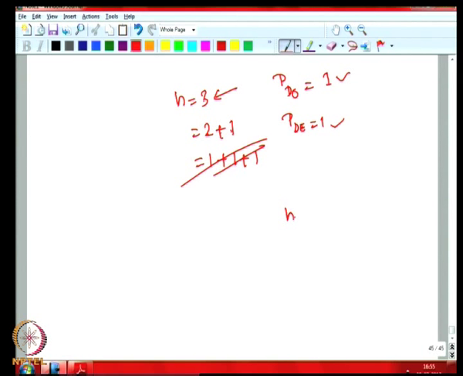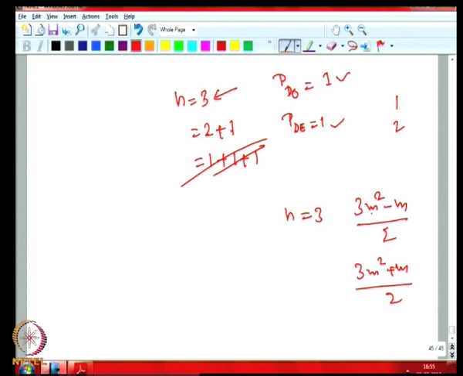So you can see that n equal to 3 will not be of the form 3m square minus m by 2 or 3m square plus m by 2. It is not of the form. You can try, for instance, when I put m equal to 1 here I got 1, when I put 1 here I got 2.